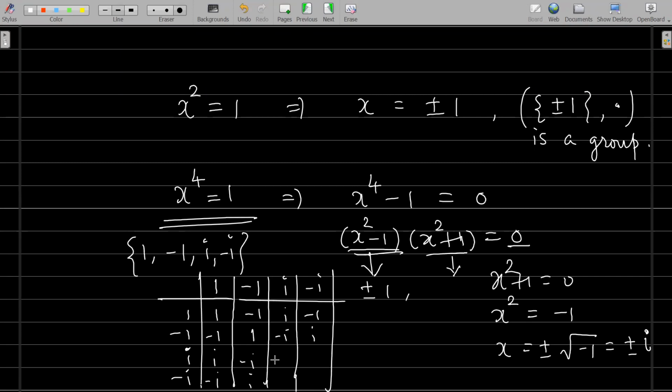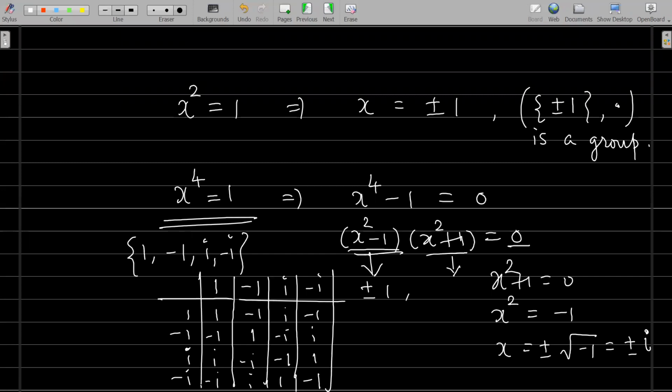Then i into i, that is i square, is minus 1. i into minus i will be plus 1. This is plus 1, and this will be minus 1. Check that every element occurs in each row and each column exactly once. And it's a group. Is that fine?